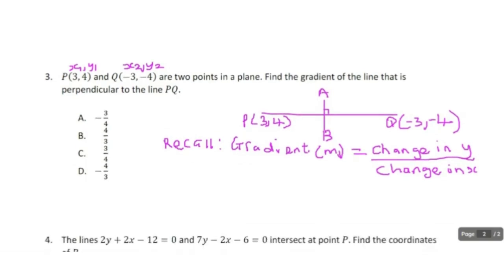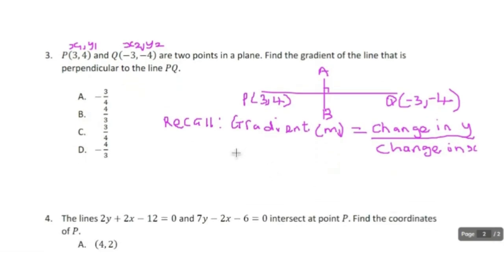Okay, very well. So this is what we have here. So M1 equals Y2 minus Y1 over X2 minus X1. Okay, so Y2 is -4, Y1 is 4, so -4 minus 4, divided by X2, which is -3, minus X1, which is 3.